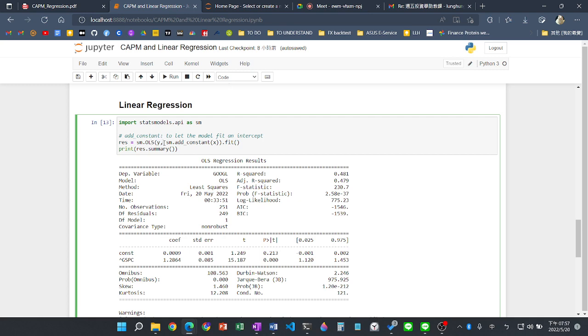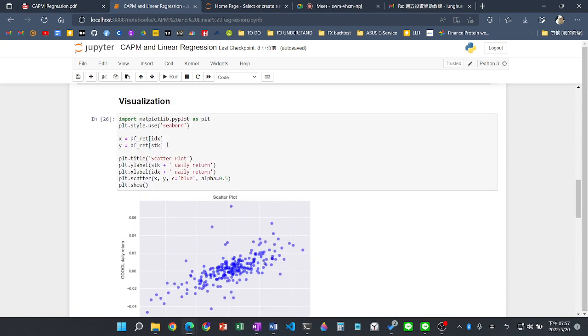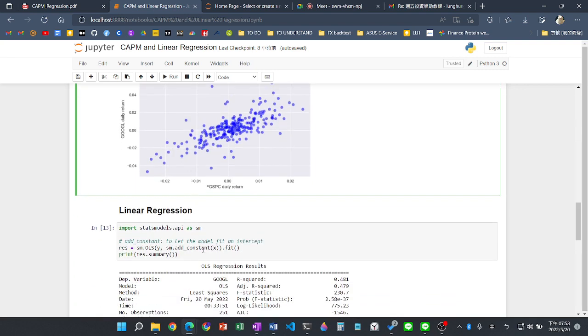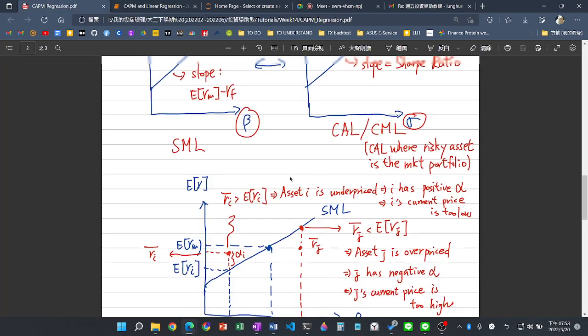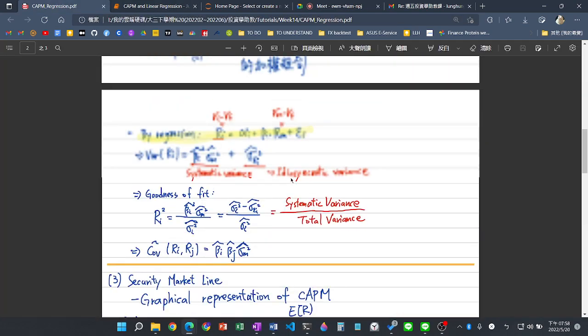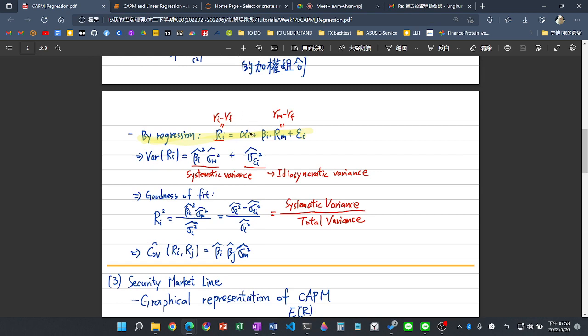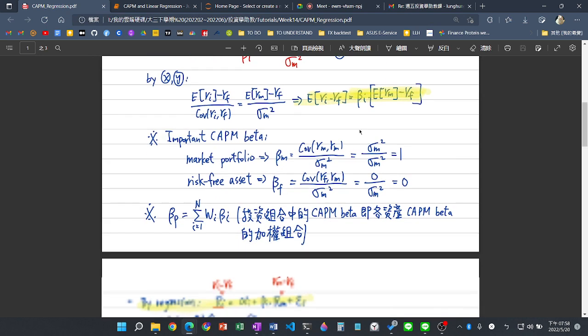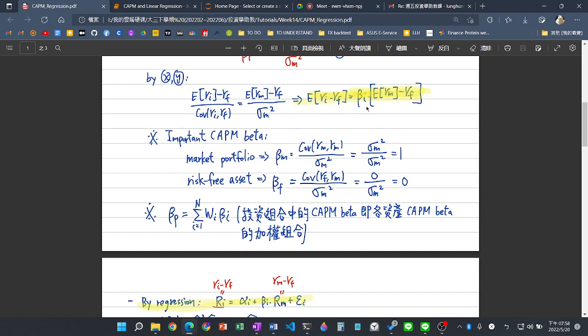The dependent variable y should be our stock return, right? Because that is what we said before. Here we also need to add a constant to the model, that is the alpha here. We need to add that because in the theoretical CAPM there's no alpha in the formula.